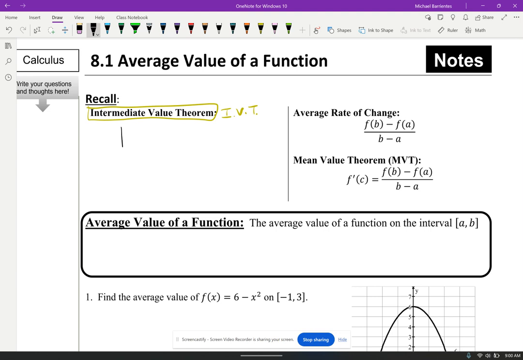What the intermediate value theorem says is if I have a continuous function, and here's my generic function, f is continuous.